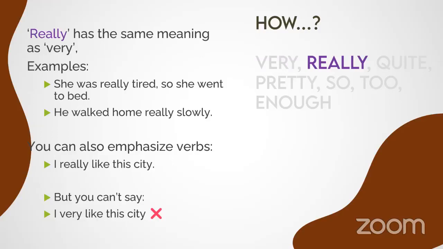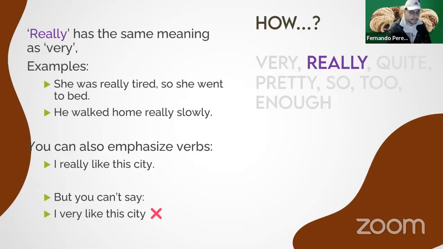You can also emphasize verbs. I really like this city, but you can't say I very like this city. That's true. Look at this very interesting stuff. You can say, I really like this city, but you cannot say, I very like this city.